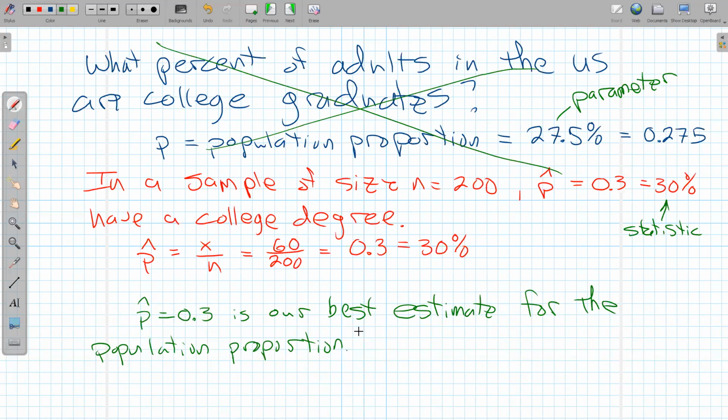So in this case, it's our best guess that 30% of US adults 25 or older have a bachelor's degree or higher, is what we're saying right here. Now, normally we don't know the actual population, so this gives us an idea to check. Now, whenever I estimate like this, there is an error.